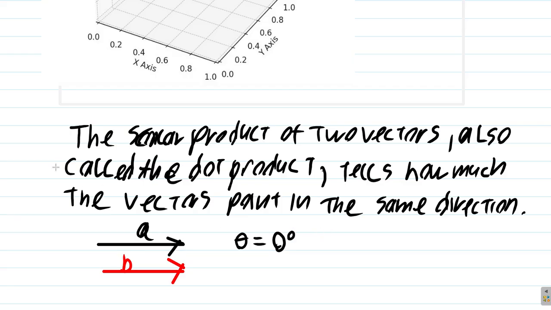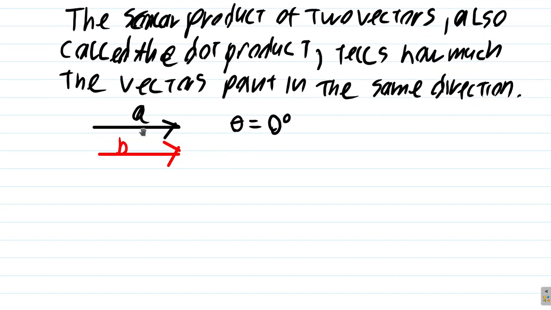Now, here, the formula for the dot product. If you have A, let's put a line here for A and B to show that they are vectors.